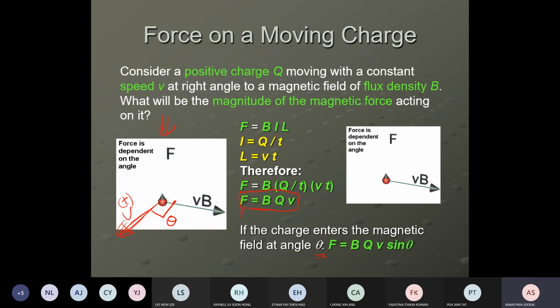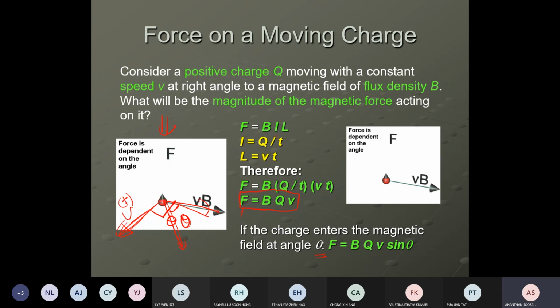But if it travels like this, the theta is reducing. The force direction is still upwards, but you can see in this animation the magnitude of the force reduces when the angle between V and the field is decreasing. When V and the magnetic field are in the same direction, the force becomes zero.